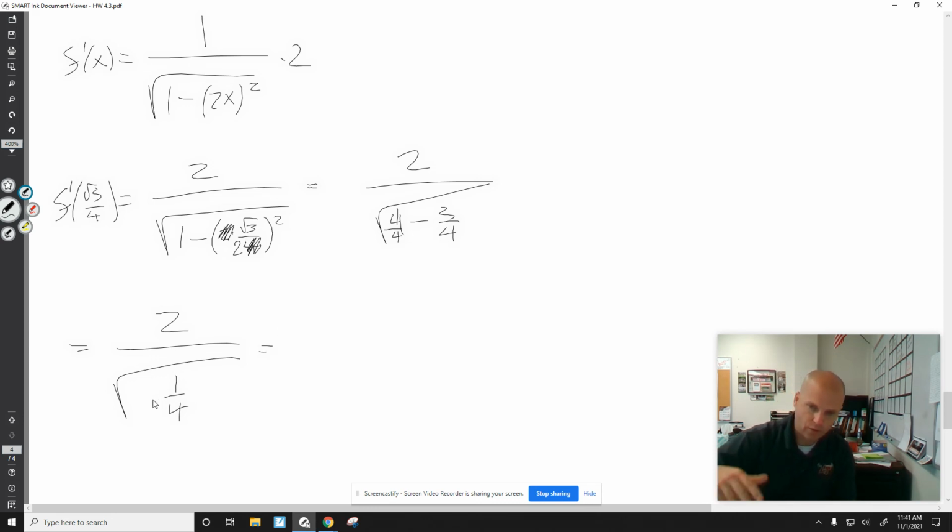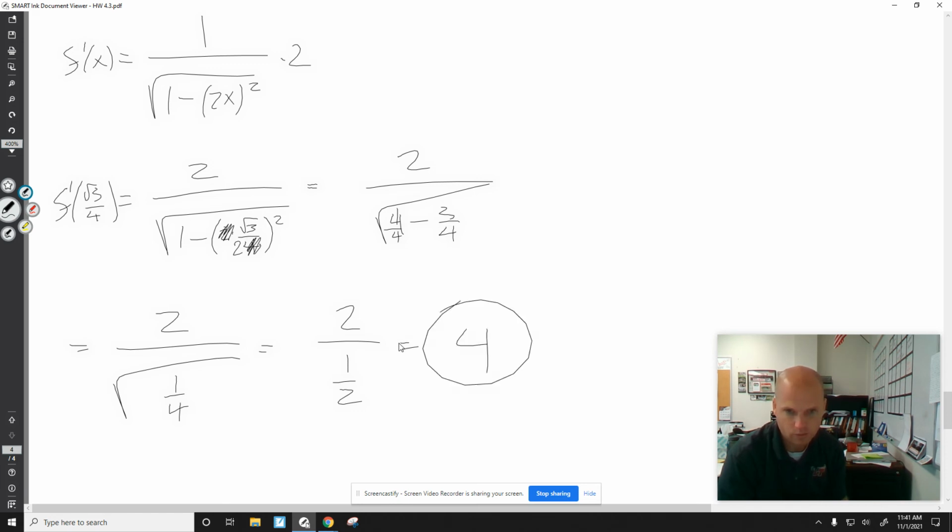Square root of 1 fourth, square root of the top and the square root of the bottom, just turns into 1 half. 1 half times 1 half is 1 fourth. 2 divided by a half is the same as 2 times 2. The answer to the question is 4.